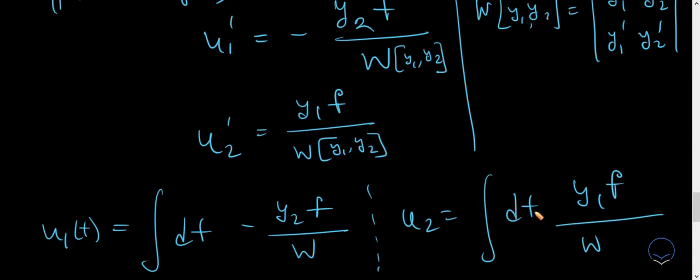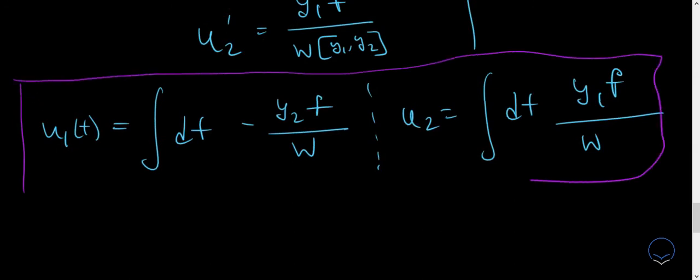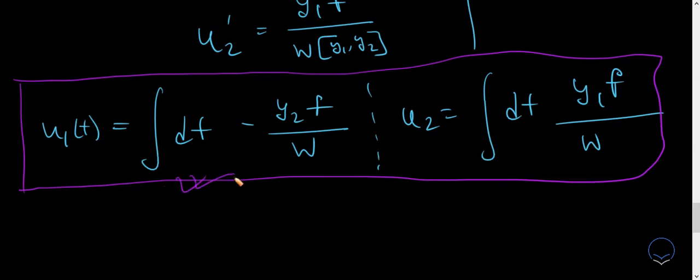So this is the punchline. That is how you can get this u1 and u2 for the variation of parameters. So this method is called variation of parameters, and in general, whenever you have some function and you want to check whether a particular solution is attainable or not, you go on and use this method.